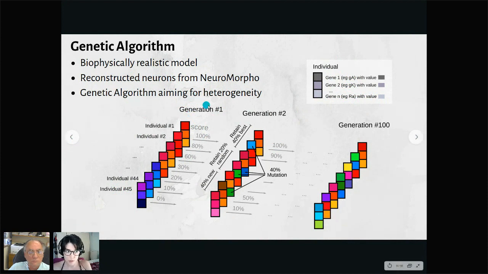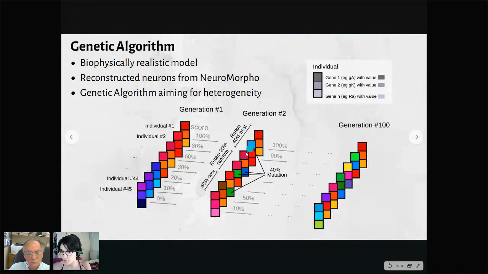30% of individuals with the highest score remain for the next generation. A random 20% of the remaining individuals was also retained. And the rest of them were completely new, reset with completely random genes. There's also a mutation rate. So 40% of random individuals suffered a mutation of one of their genes.